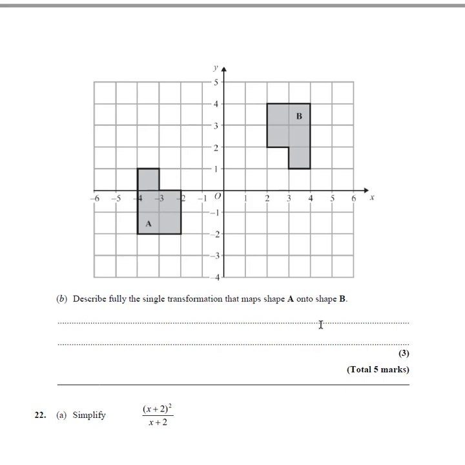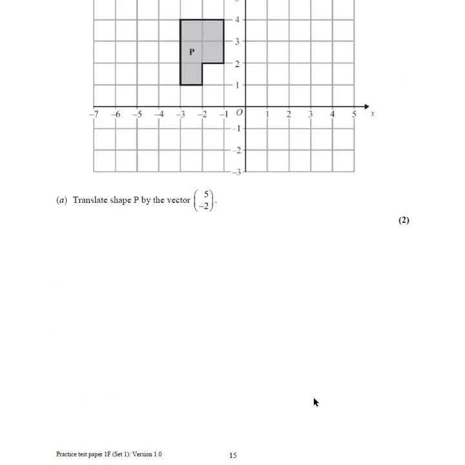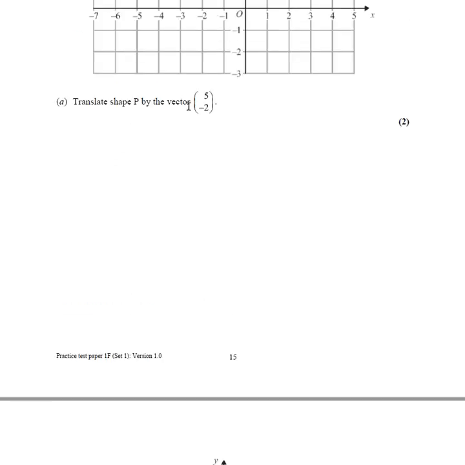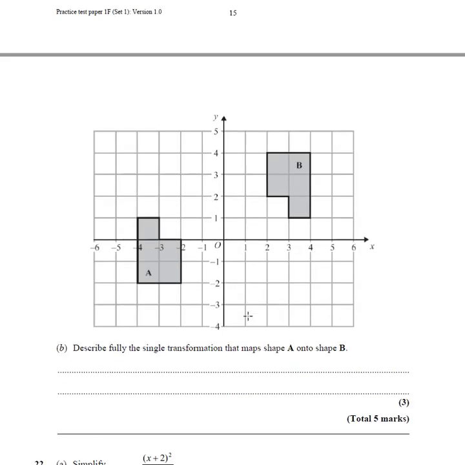If you think it's a translation, like this was up here, you've got to say how far along and how far up it moves and write it as a vector, like you did here. And if you think it's a rotation, you've got to decide, apart from saying it's a rotation, how much you rotate it and in what direction, and where the center of rotation is, which basically means what are the coordinates of the point where you put your pen on the tracing paper.